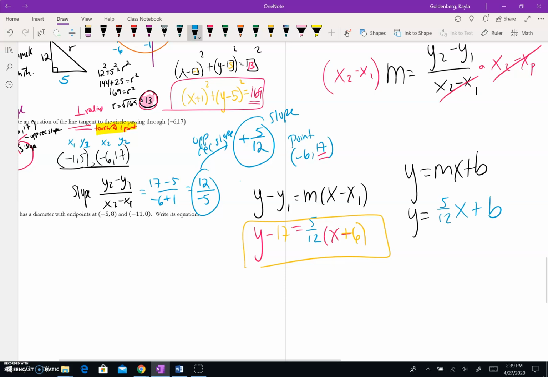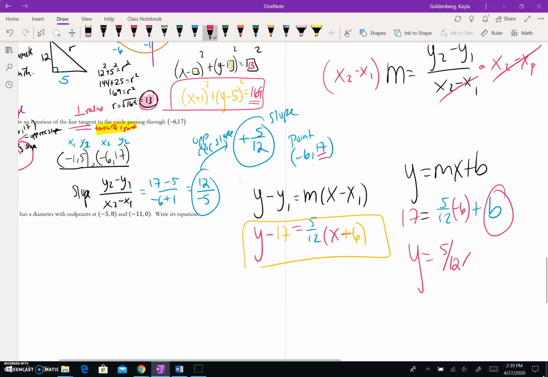And then in order to solve, you don't have enough information because you don't have the y-intercept. You would have to plug in your point, which has a y-coordinate of 17 and an x-coordinate of -6. And then you would have to solve for your b. And then from there, you would have to write it out formally.